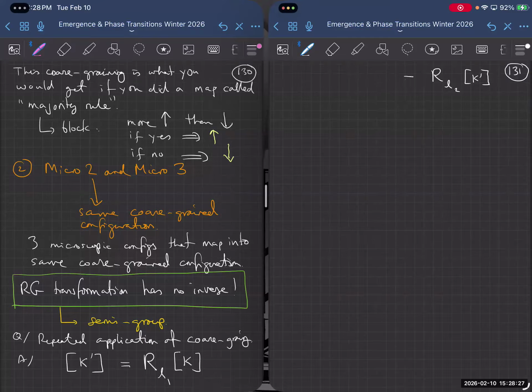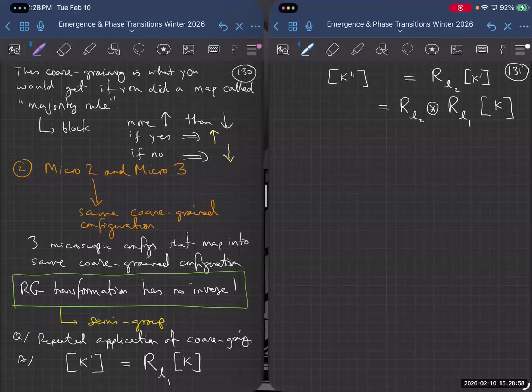We're going to get an image of that, which I'll call K double prime. This K double prime is the action of the renormalization group transformation at scale L2 acting on the renormalization group transformation at scale L1, or acting on my original coupling constants.